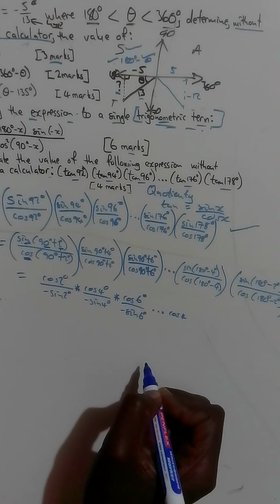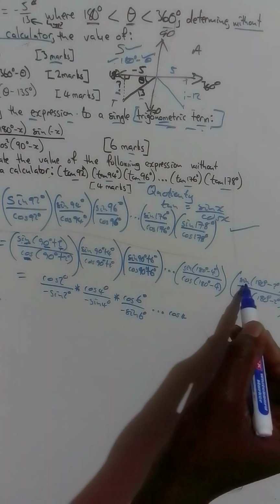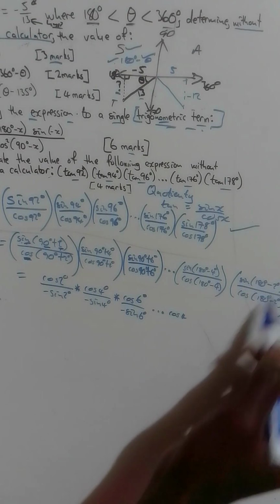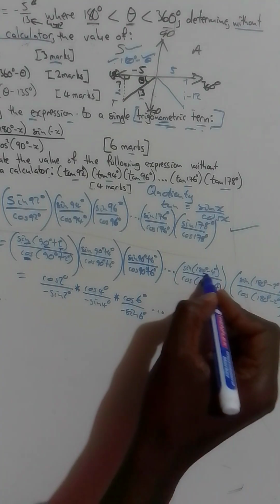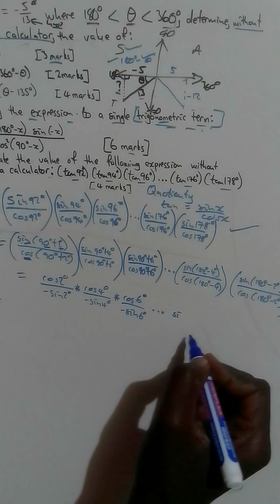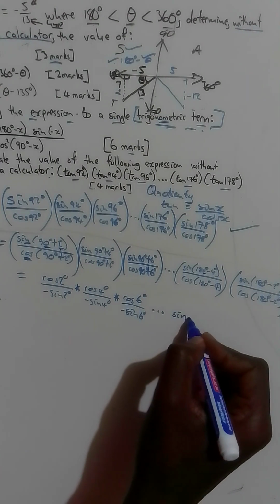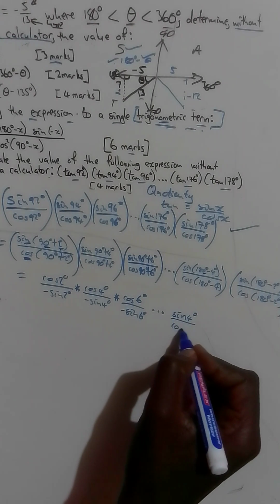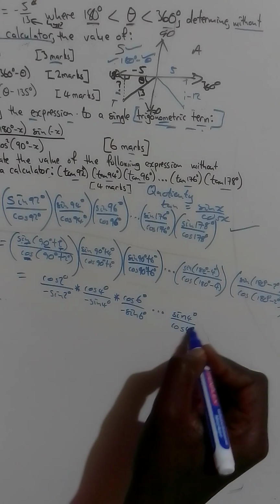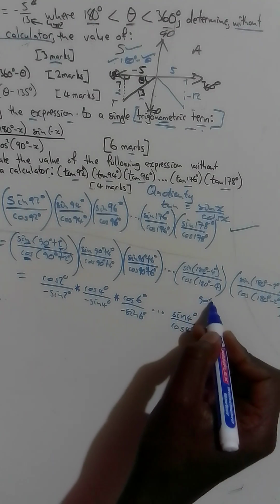Right, am I doing the right thing? Let's just pause. If I say sin here, yes, so I must write sin because I used the reduction formula 180 minus. So now I say sin what? Sin 4 degrees over cos what? Cos 4 degrees. I don't change it because I didn't use 90 plus.